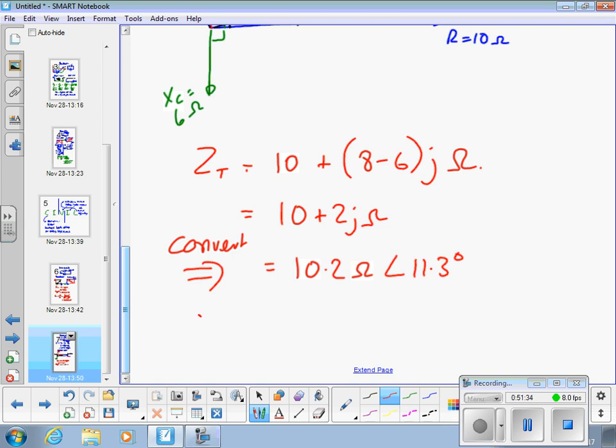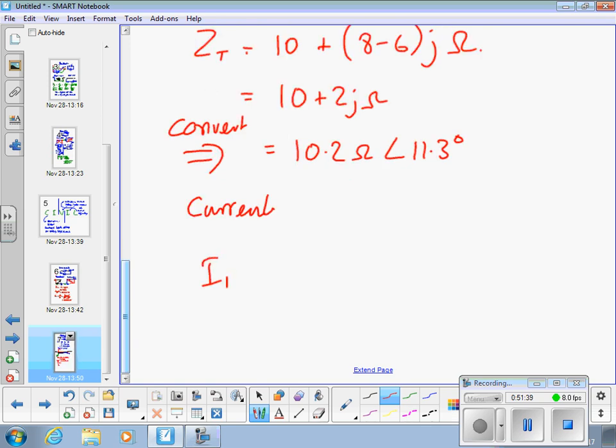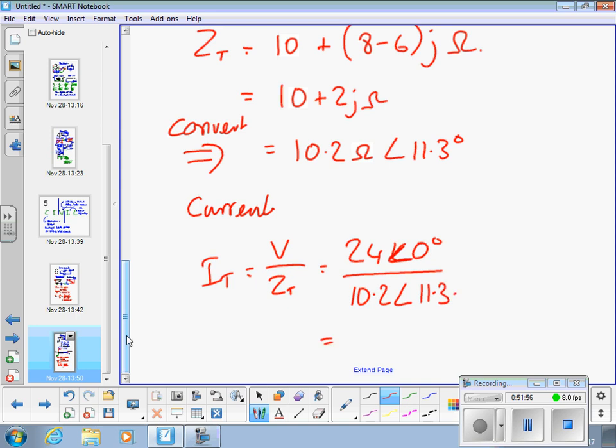Current: I get 2.35 amps, angle minus 11.3 degrees, and if we check that with CIVIL, we'll find that in an inductive circuit we should have a current that lags the voltage.